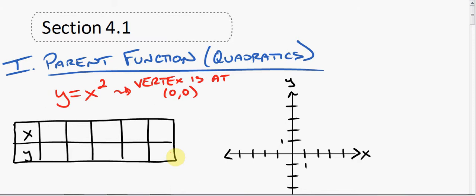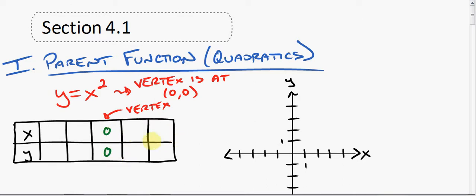And your vertex should always go right in the center. So we know the x value of my vertex is 0. The y value of my vertex is 0. Alright, so I'm going to plug 0 here, 0 here.